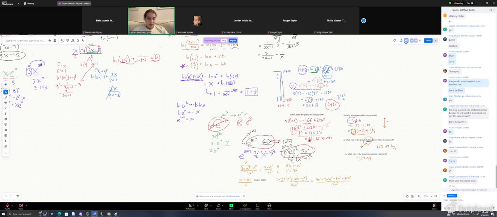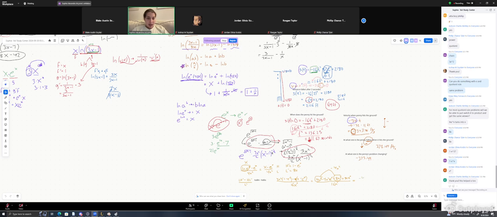From here, I see that these are like terms. So I can actually turn these into a minus 4x squared. I also see that there's a 4 in every term. So I'm going to pull a 4 out of each term.